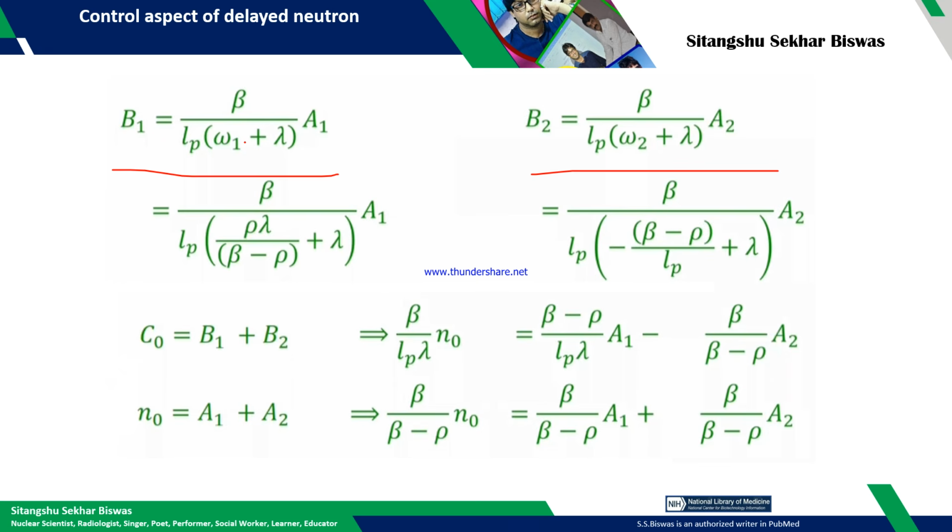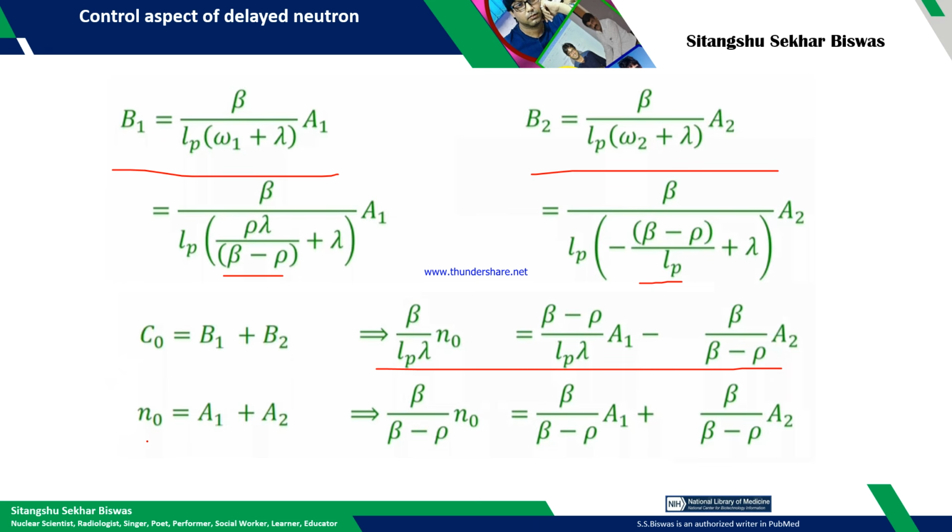And already we have obtained the value of omega 1 is this one and omega 2 is this one. So if you substitute, we will get the b1 and a1 relationship, and already I told C0, we obtained this value from the initial condition, and if you substitute these b1 and b2 values here, it will come like this.